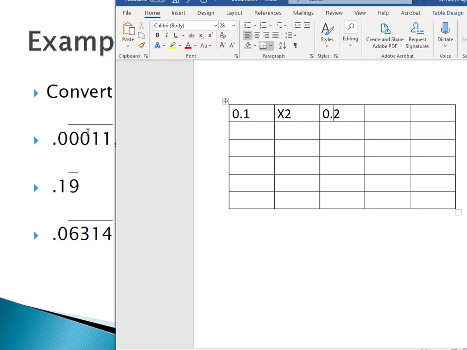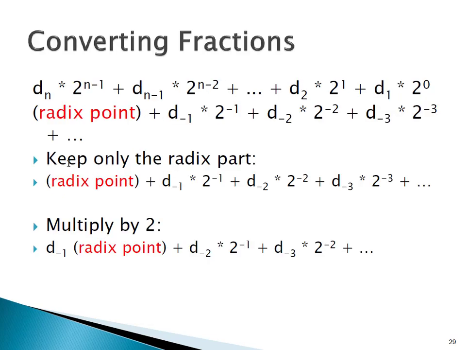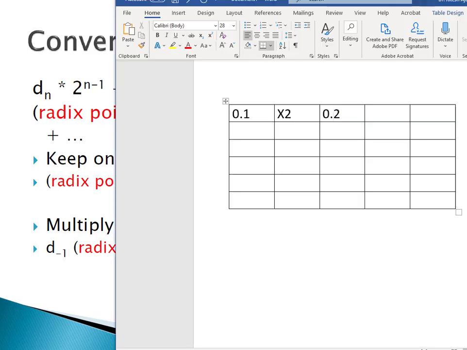Now remember what we said in the previous slide: we keep the radix part, and the digit that we flushed out after multiplying is kept separately from the rest of it. Okay, let's see how we do that.